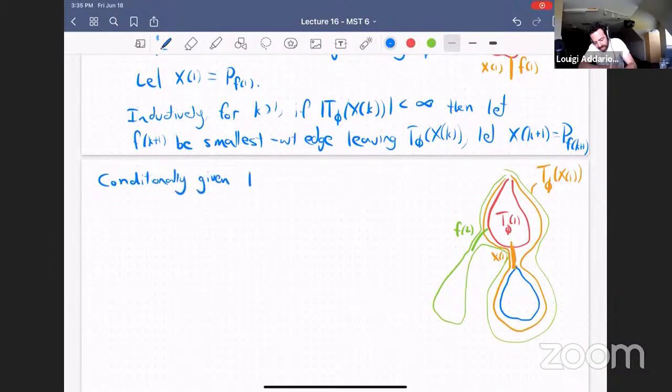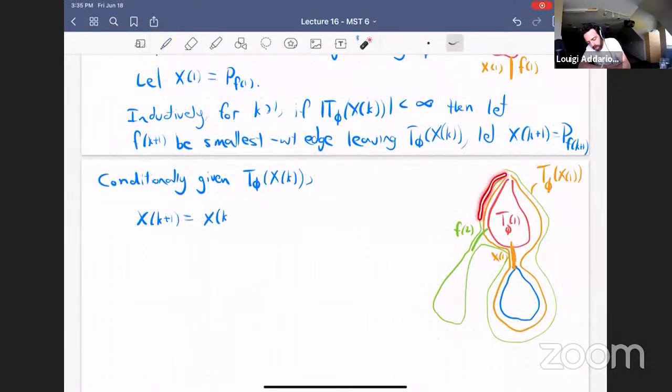Conditionally, given the tree, the kth step of this process, the next edge weight, what's it distributed as? Well, it's the smallest. What we know after k steps is that all of the edges leaving this bubble are bigger than xk. Each node here has a Poisson process of edges attached to it, and we're taking the next weight, which is the first weight bigger than xk.